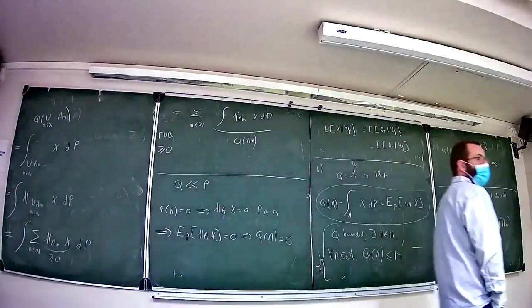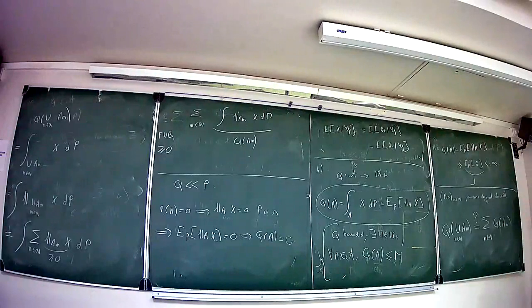I have never used on the board the fact that the sets I deal with are in A. Nowhere. The only thing I have used is the fact that I have a sigma algebra. If you change A into a smaller sigma algebra, you have exactly the same thing.